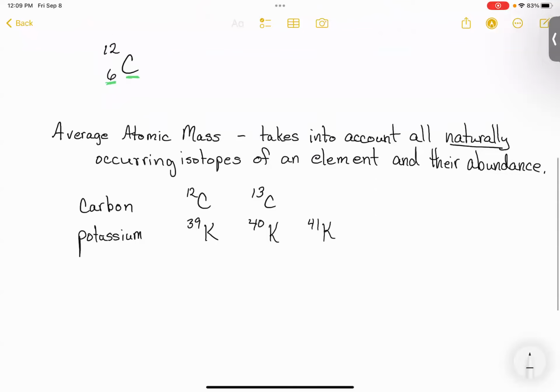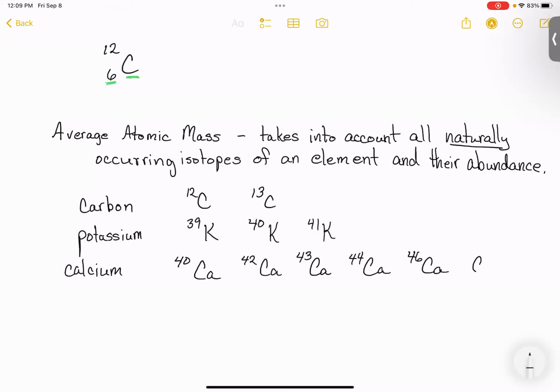Calcium has six naturally occurring isotopes. It has Ca40, Ca42, Ca43, Ca44, Ca46, and Ca48. And no, I'm not asking you to memorize these.